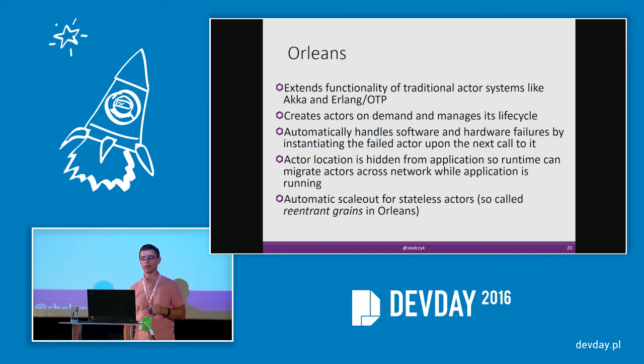So the runtime may decide to create multiple versions of this actor and distribute work between all these instances. We call them reentrant grains in Orleans, because in Orleans we don't use the term actor, we say grain instead, but it's basically the same.